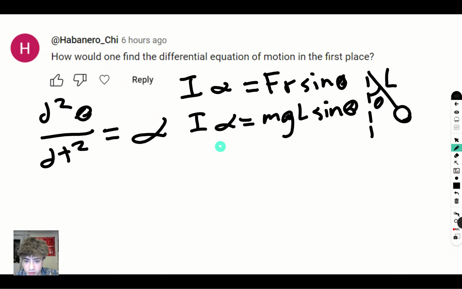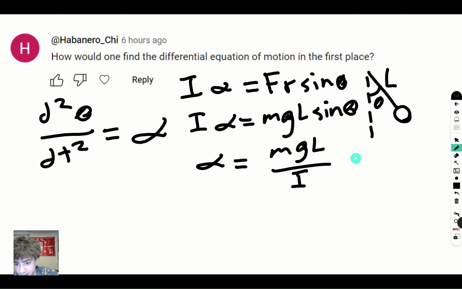And we're going to move our inertia over to the other side. We're going to divide both sides by inertia to get alpha by itself. So we'll get mgl over I times theta. And as I explained beforehand, this theta is due to a small angle approximation.